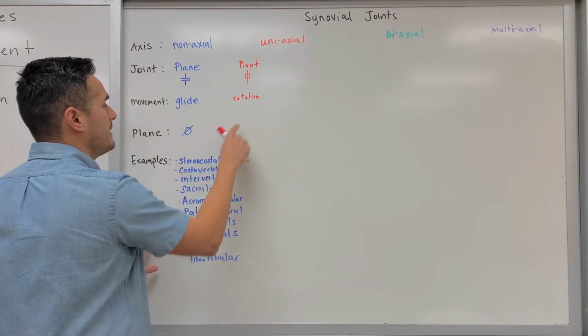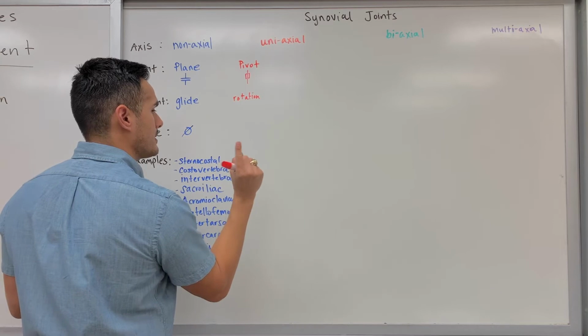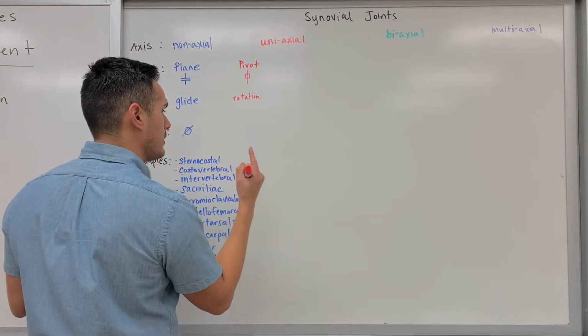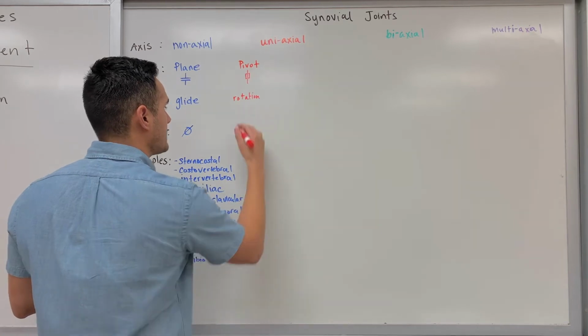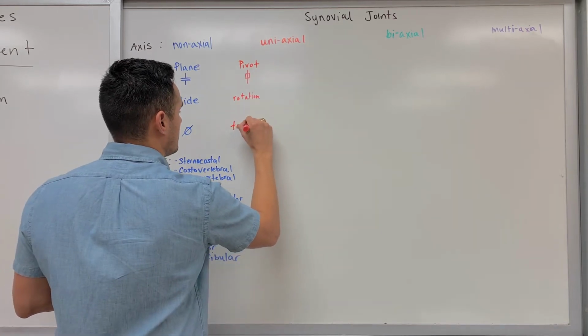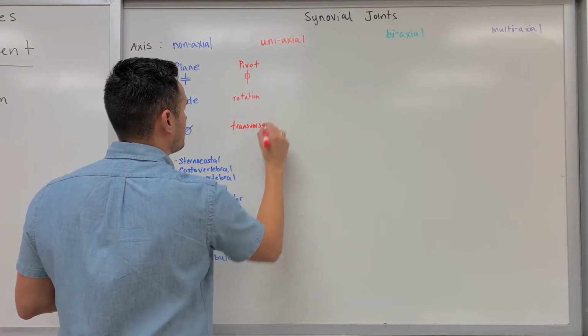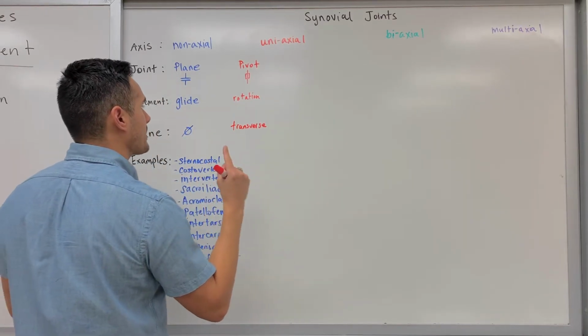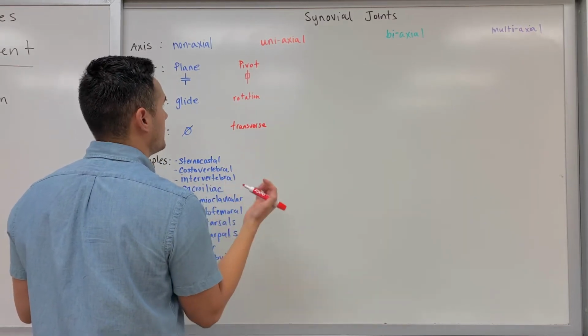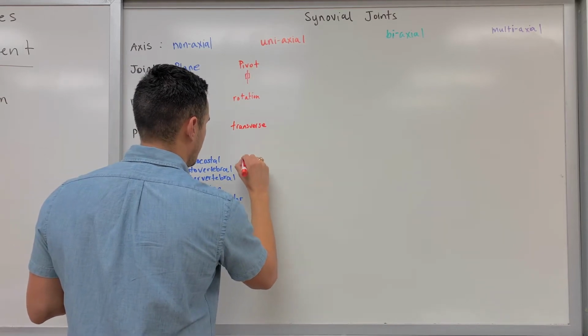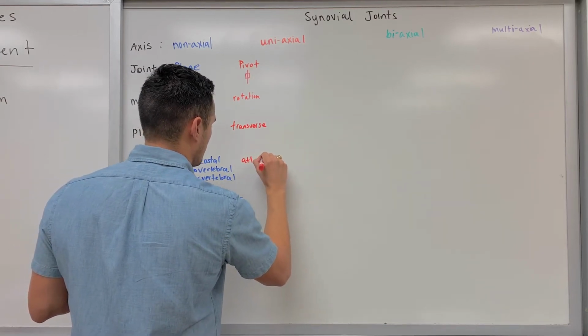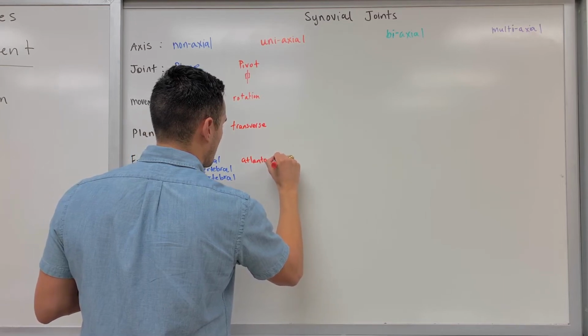So which plane is involved here? So it's rotating along which plane? If it's on the y-axis, it's the transverse plane. So you have the transverse plane in which movement is occurring. And then some of the different examples for a pivot joint include the atlantoaxial joint.